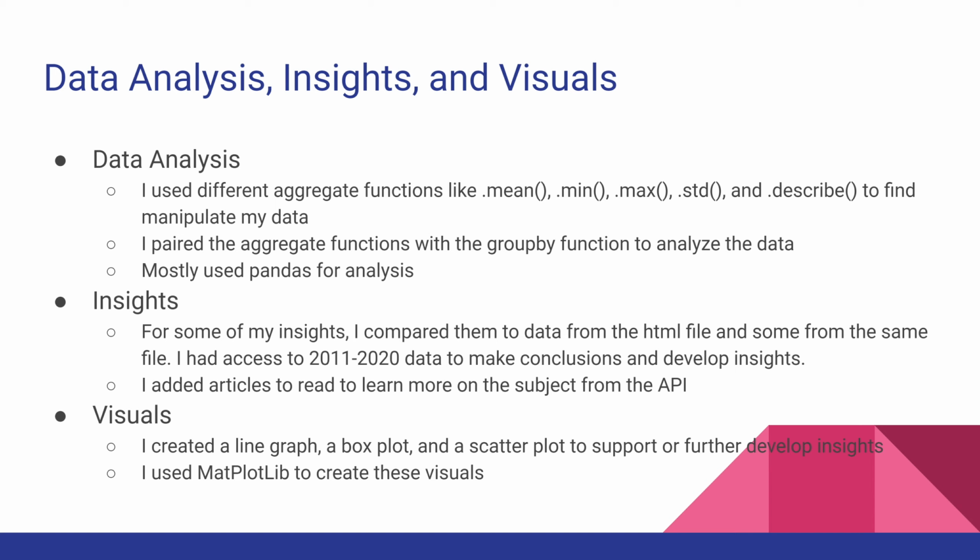When I discussed depression stats, I also included the articles relevant to it. The visuals I created were a line graph, a box plot, and a scatter plot to support or further develop insights. Visual 1 helped Insight 1, while Graphic 2 gave us more data for Insight 4 than we originally had. I used Matplotlib to create my visuals.